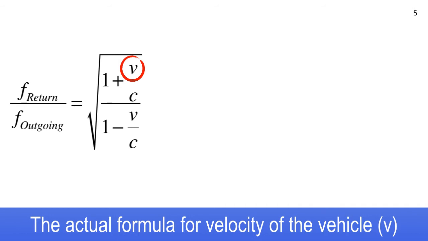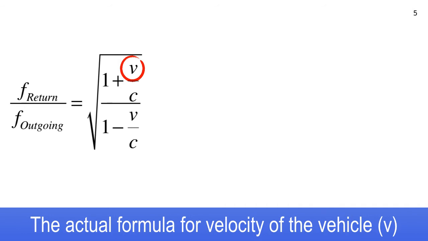And for your car, you're going to be going tens of meters per second, so it's a pretty small fraction. But the electronics are good enough to pick up the small difference in the return frequency.